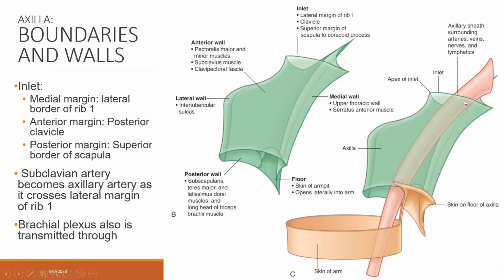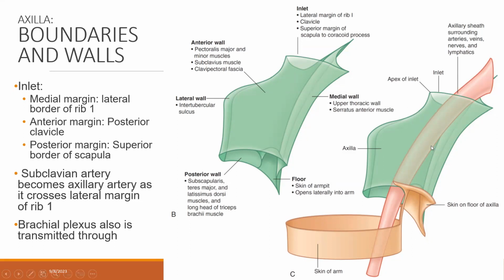Subclavian artery up here is going to become the axillary artery down here. And the axillary vein down here, when it goes up here, it will become the subclavian vein. Okay, this is a very, very important concept that will be reinforced to you time and time again as you go through your medical journey.